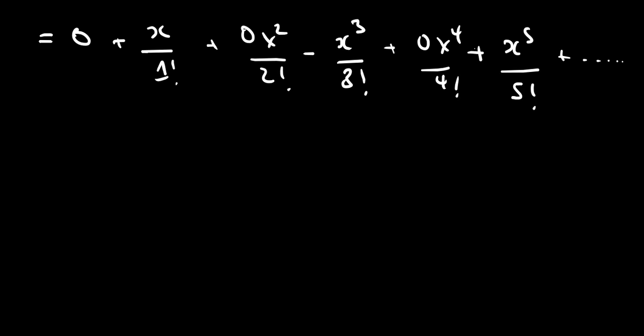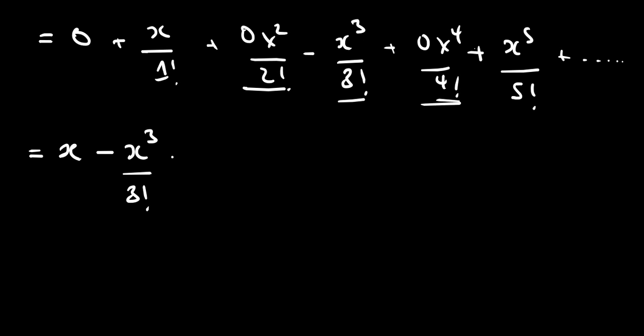So if you observe, we can remove the parts that give 0, because this part gives you 0 and this one gives you 0, and when you add, you just remain with the ones that have values. So the first one just has x remaining, then we have minus x to the power 3 over 3 factorial, because this one just gives us 0.